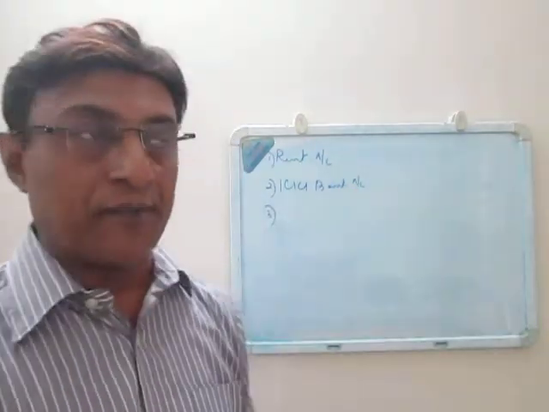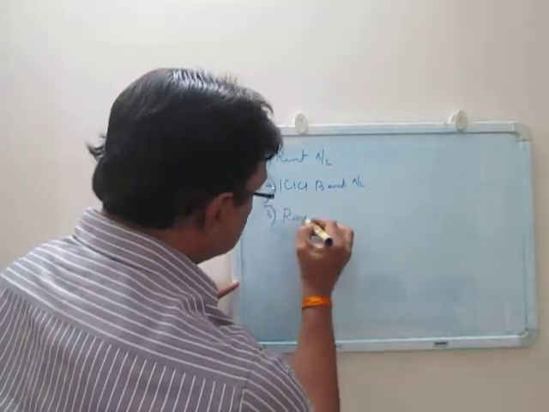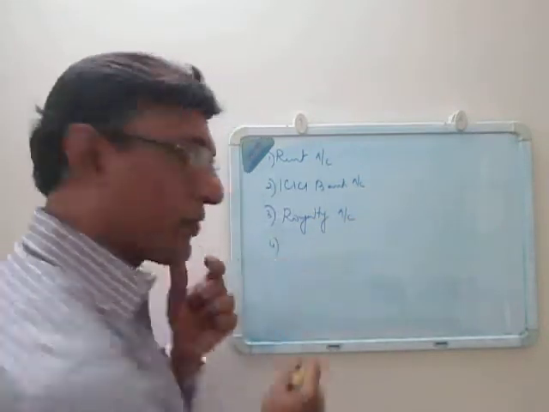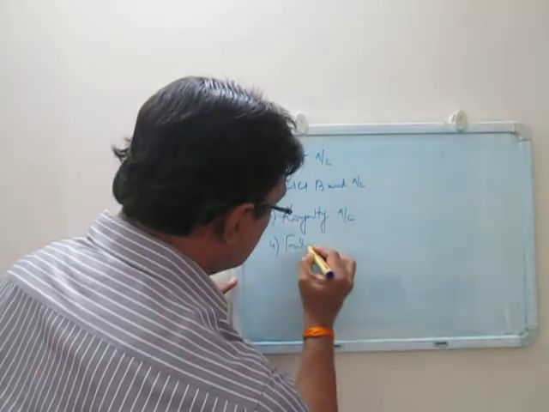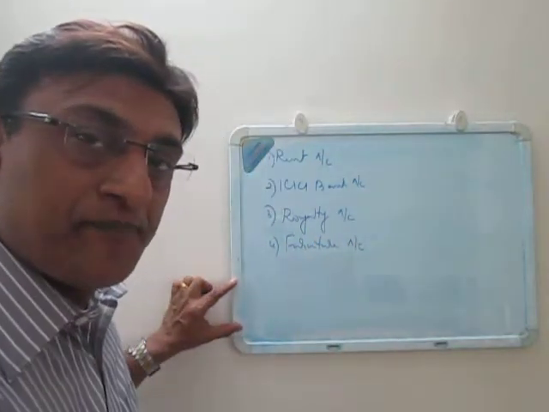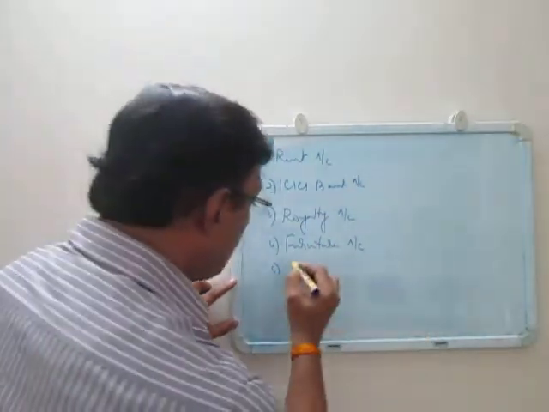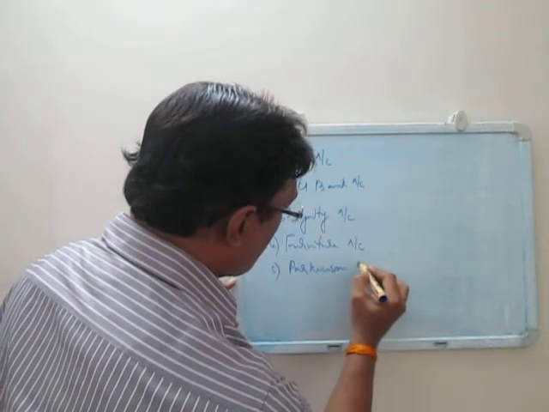Take a third one, royalty account. 4, furniture account. 5, Parkinson's account.